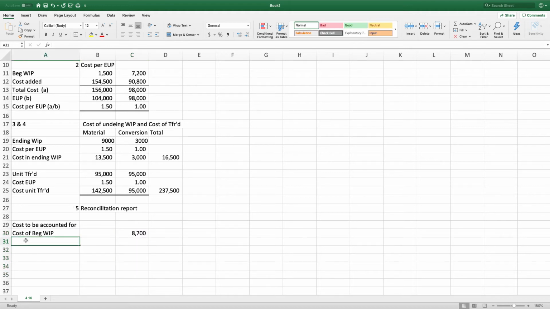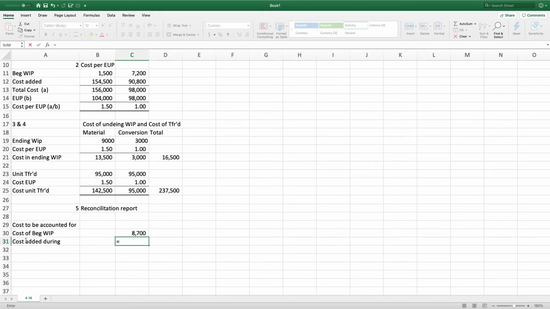The next thing that we need to really account for is the cost that we added. So the book tells us, hey, we added X amount of material, added X amount of conversion costs. So what are those? How much did we add of material? 154,590,800. Yep.